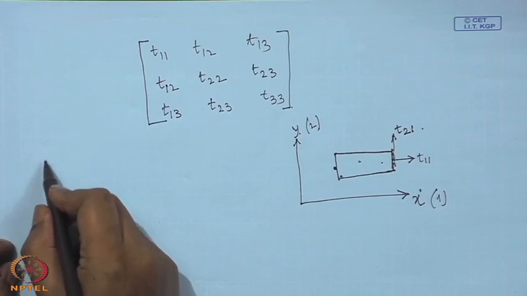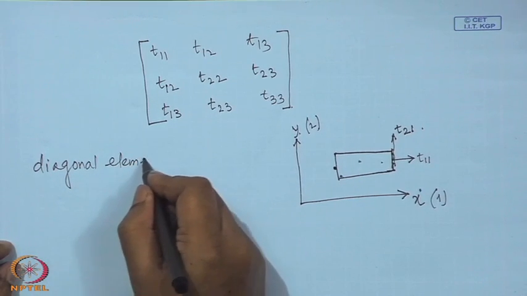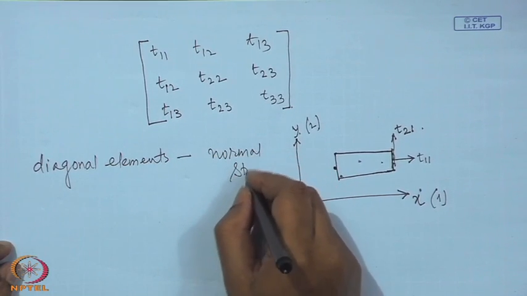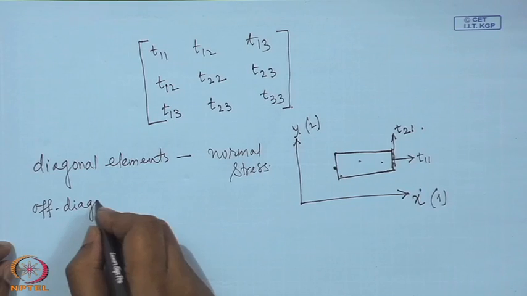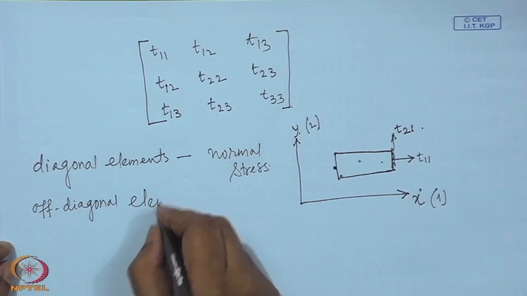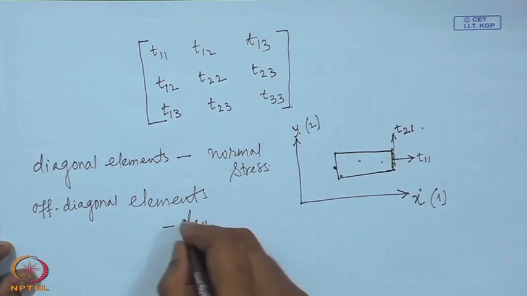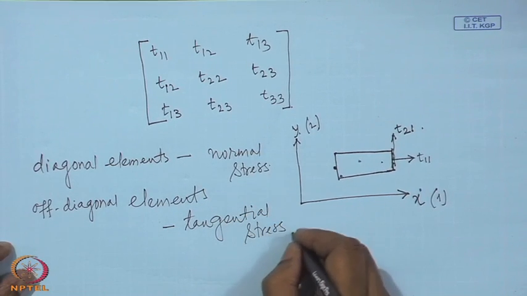So, diagonal elements represent normal stress, off diagonal elements represent tangential stress or shear stress.